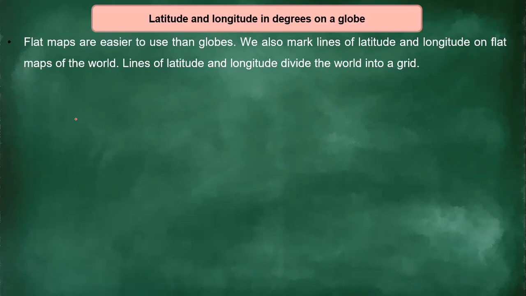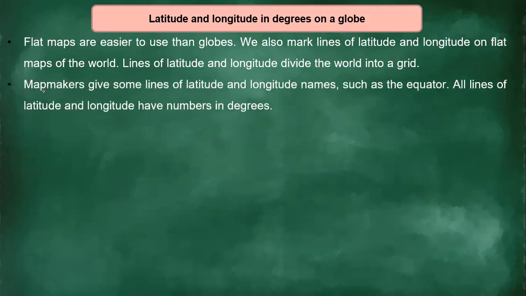We also mark lines of latitude and longitude on a flat map of the world. Lines of latitude and longitude divide the world into a grid. We use them on the flat map as a grid. That's how we identify them.